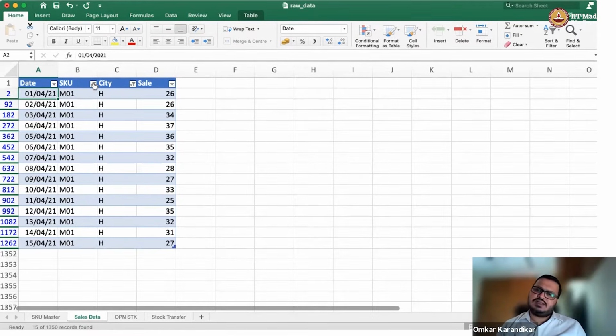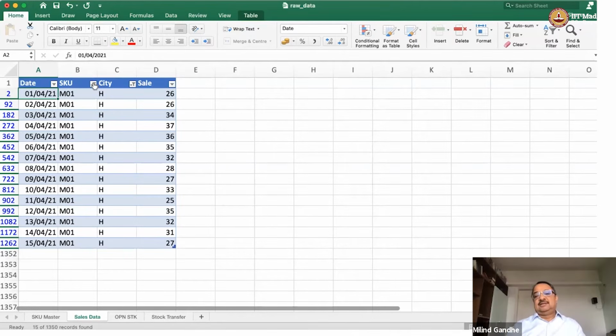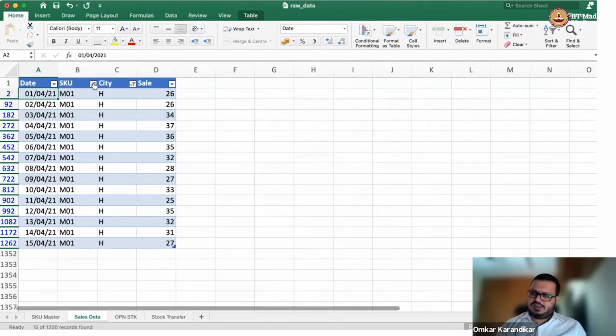It's not available in Madras, but the order will be served from Hyderabad. However, in this case, the assumption for this discussion will be that the sale will still be recorded as a sale of Madras. Now, the interesting piece will be to see whether or not we have inventory, the stock in Madras. So we'll see how we go about that.